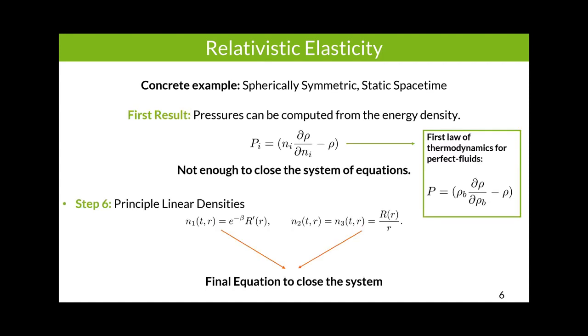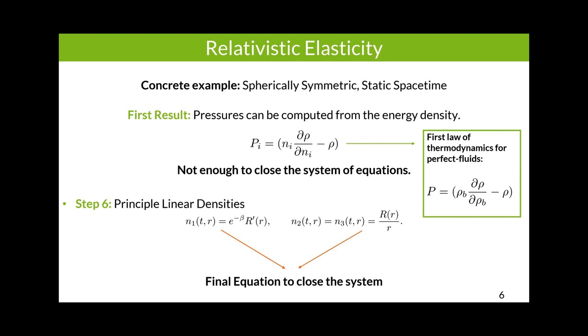So we arrive at the first result. For homogeneous and isotropic materials, using this formulation of relativistic elasticity, we get an expression that relates the principal pressures with the energy density through these derivatives. Again, these Ni here are the eigenvalues of that matrix H that I showed you before.